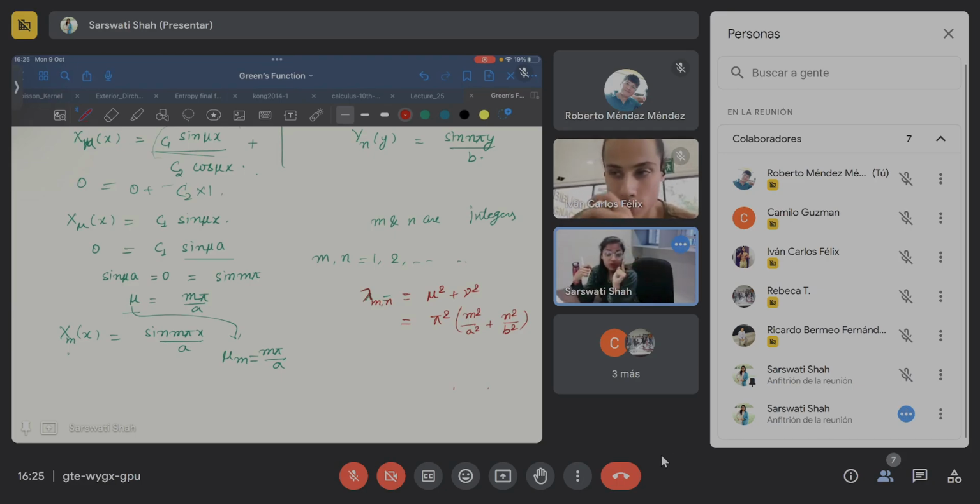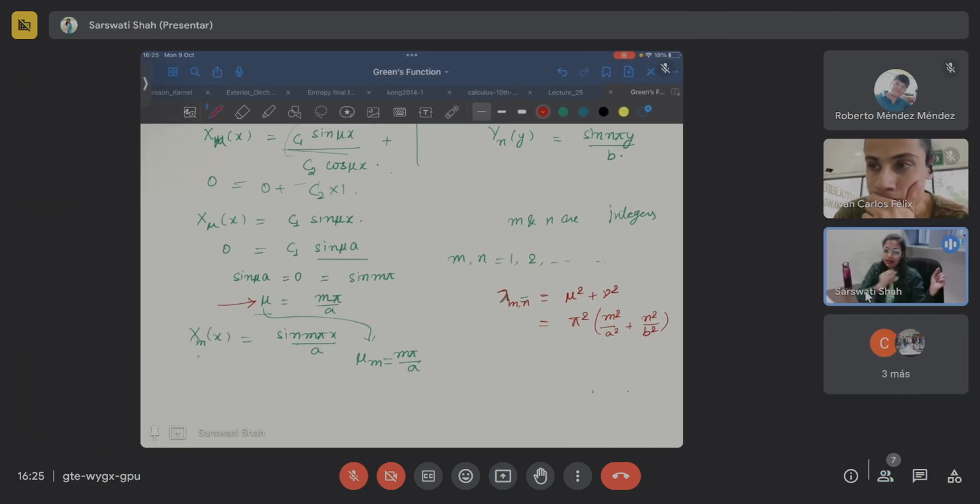So according to one eigenvalue of this, there is going to be a countable set of eigenvalues, is not it? When you fix one m, like suppose m equals 2, then n is going to vary over the integers.